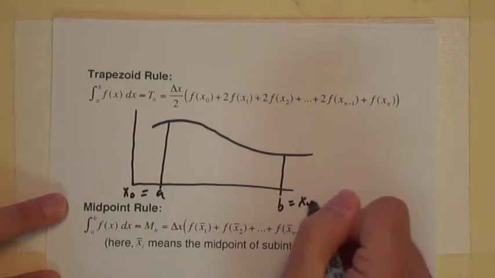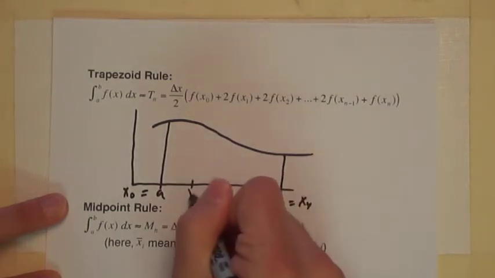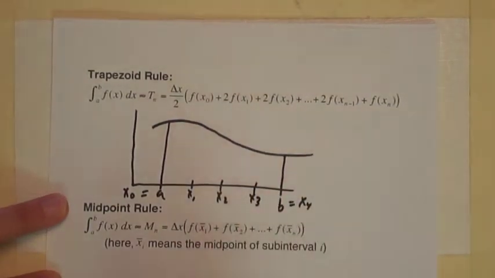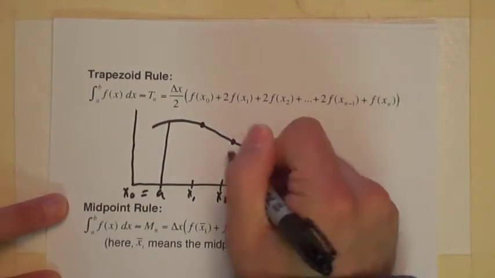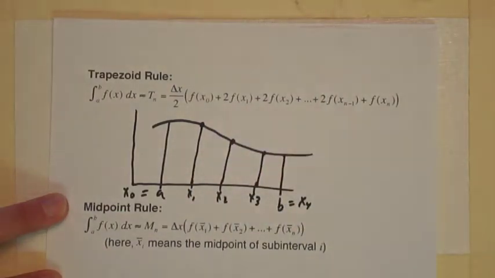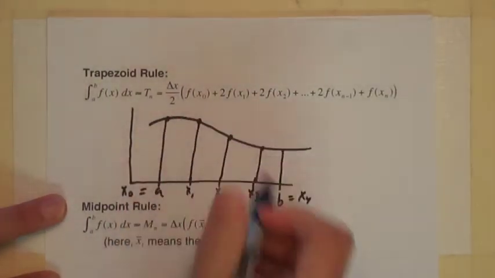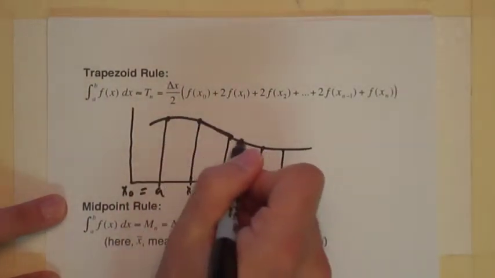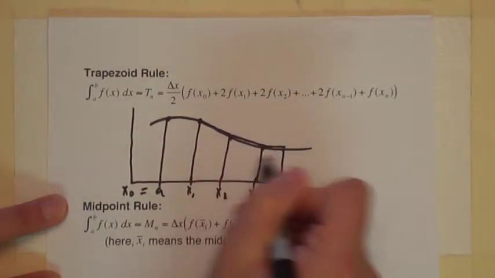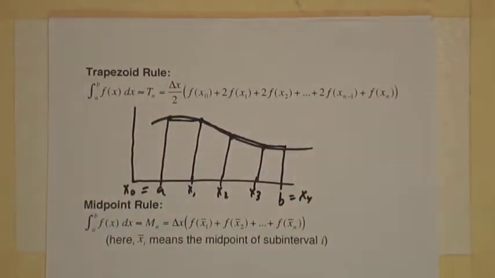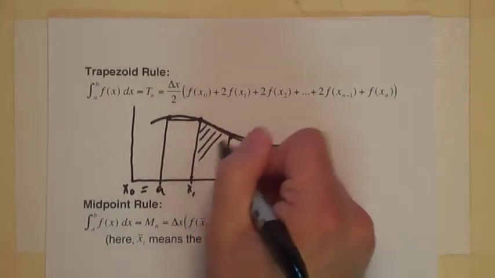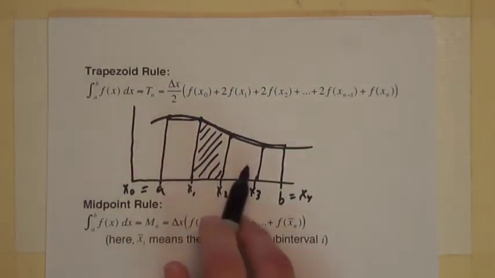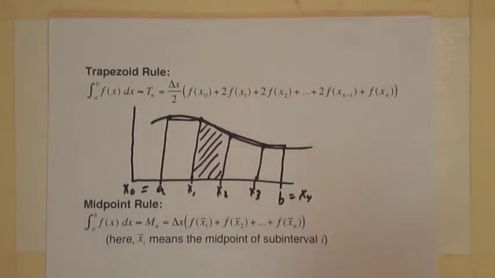So let's draw the same situation and pick these points, except now we're going to connect the points to each other to make trapezoid-shaped regions like this one. And notice all four of these are trapezoids.